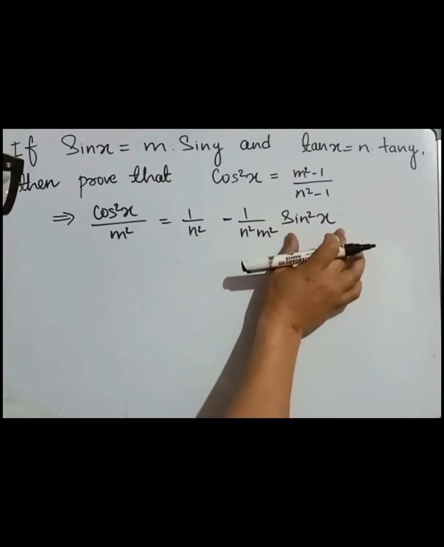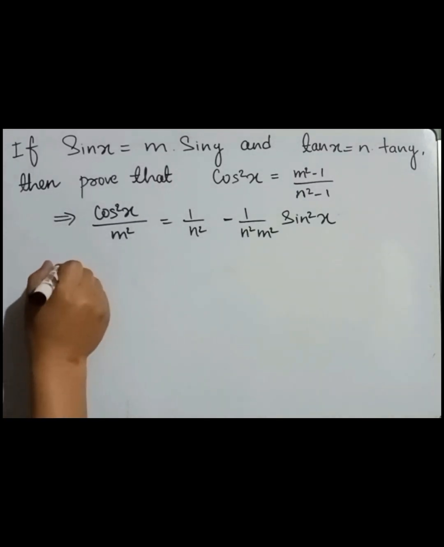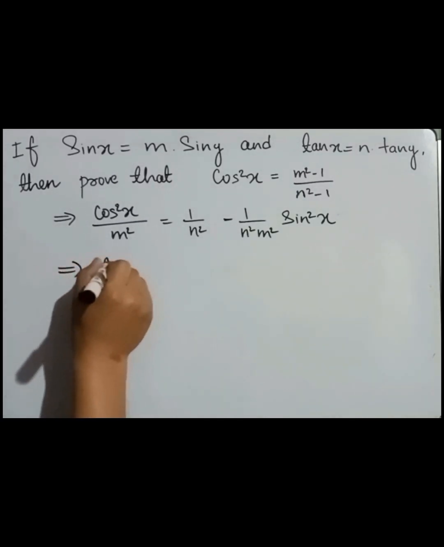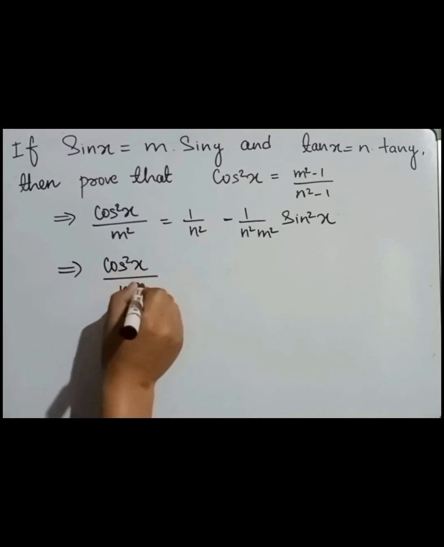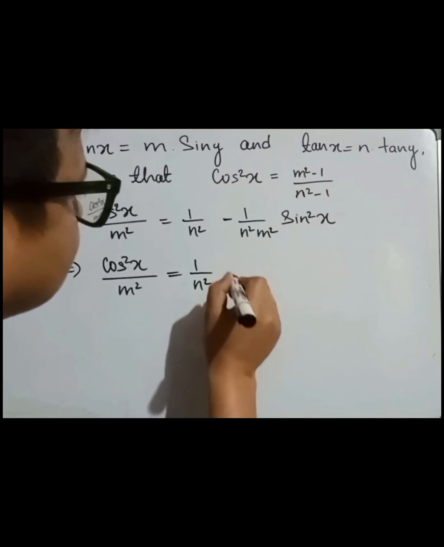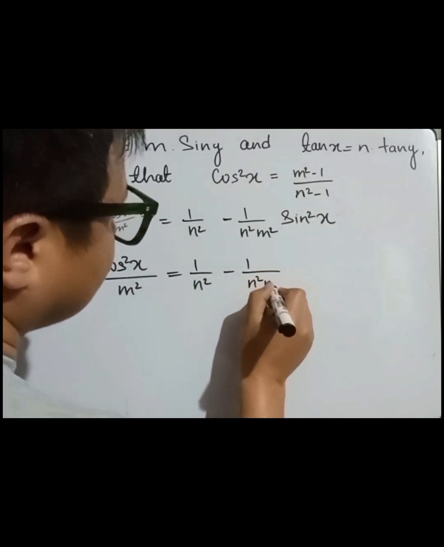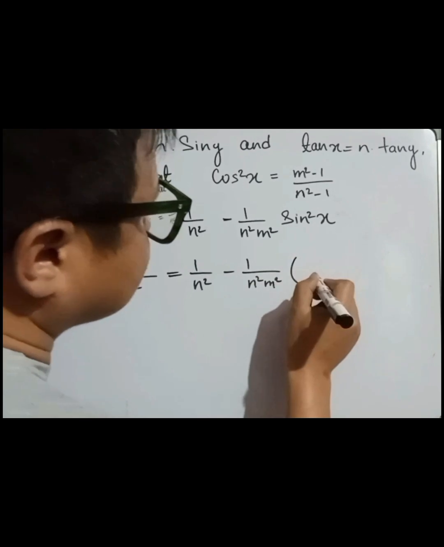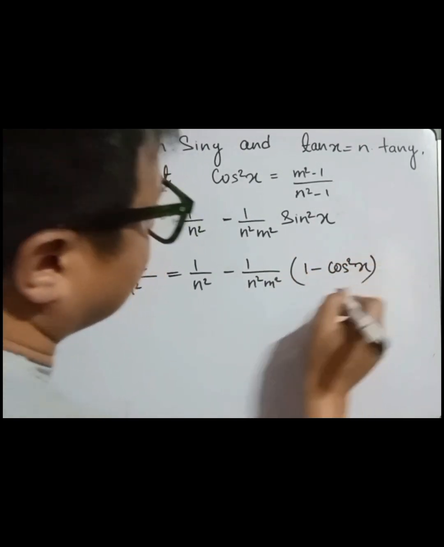Now we are very close to this. In the right hand side we can substitute sine square x by 1 minus cos square x. So in the next line it becomes cos square x upon m square is equal to 1 upon n square minus 1 upon n square m square, and for sine square x we can write 1 minus cos square x.